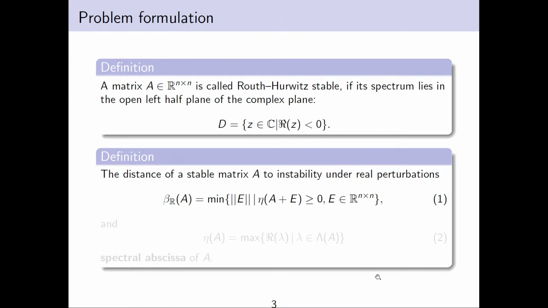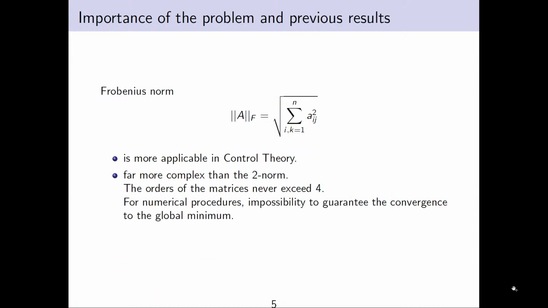Here eta is the maximal real part of the eigenvalues of the matrix. It is called the spectral abscissa of this matrix. We consider the case of Frobenius norm. This choice is not accidental. The Frobenius norm is more convenient.